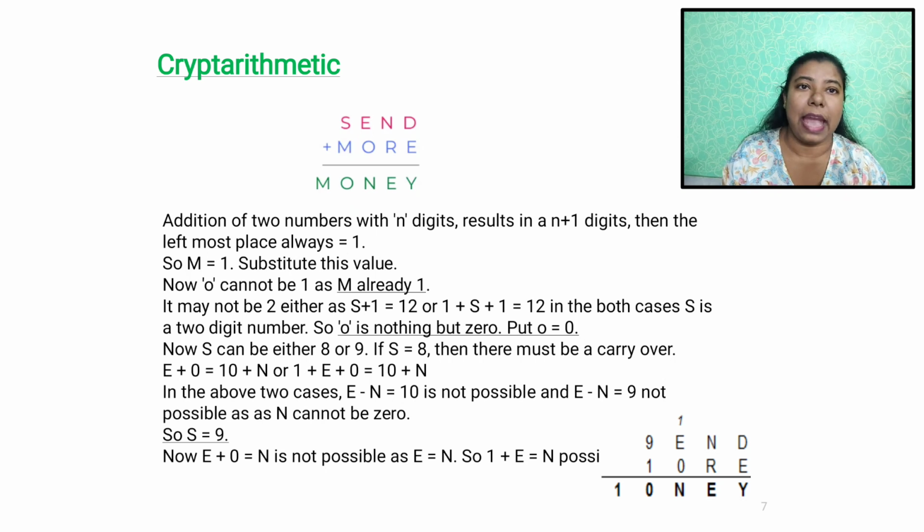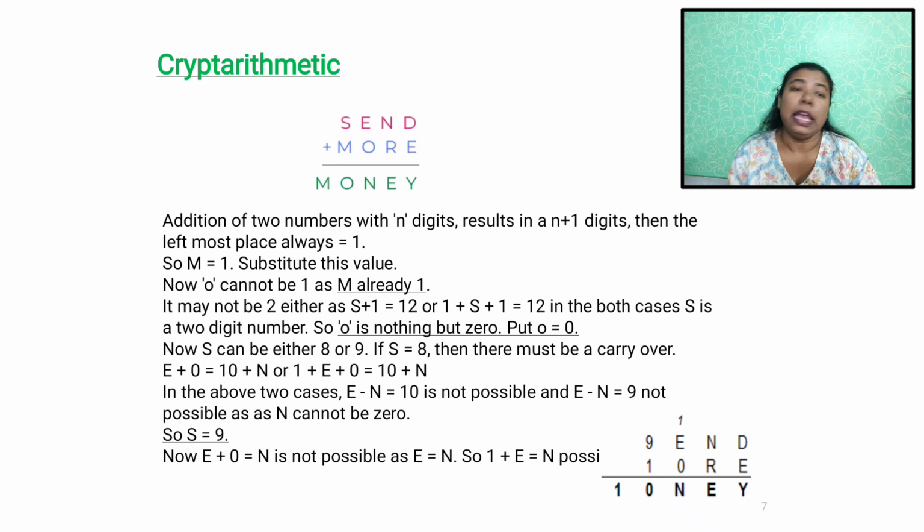As we have M equals to 1, we put 1 plus S equals to 0 or O. Now, what is the value of O? We have already used M equals to 1, so 1 cannot be used a second time. So we consider S plus 1 equals to whatever the result is, that will give me the values.